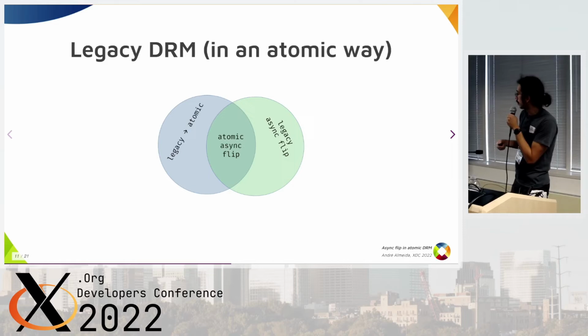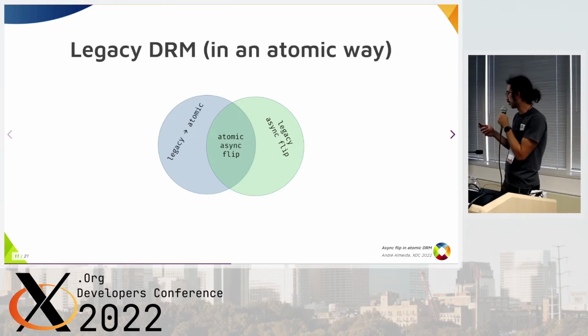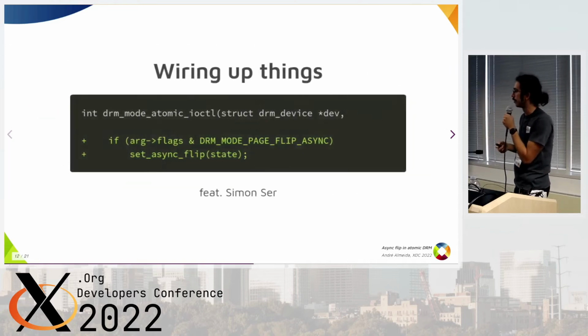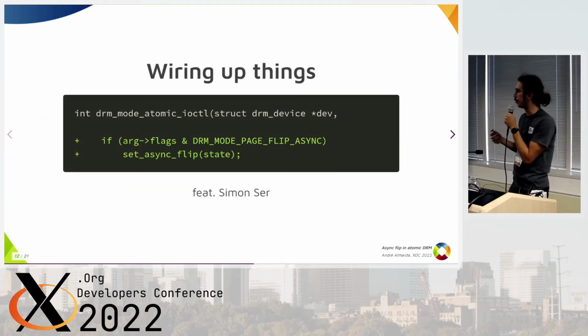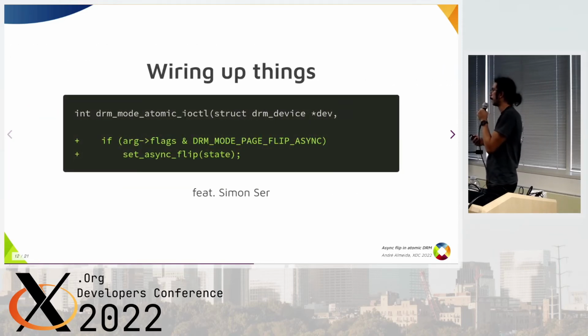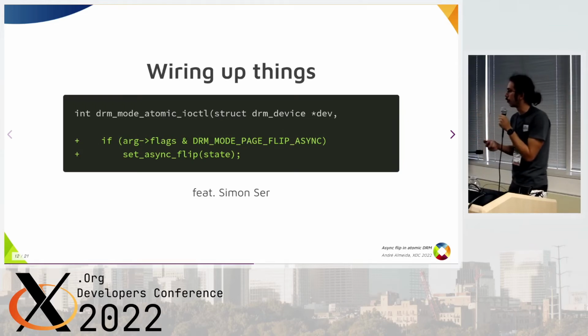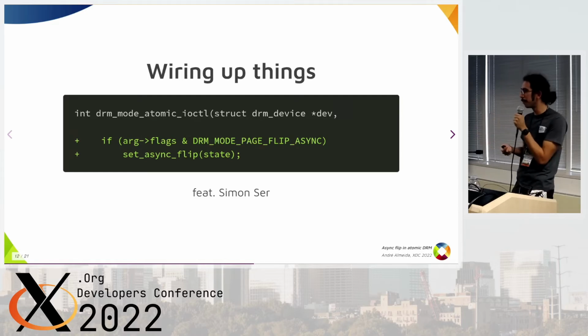So I figured that out, and it was just a matter of wiring something up, and Simon is helping upstream that. So basically all the work was already done. It was very surprising, but at least I learned a lot about DRM along the way.